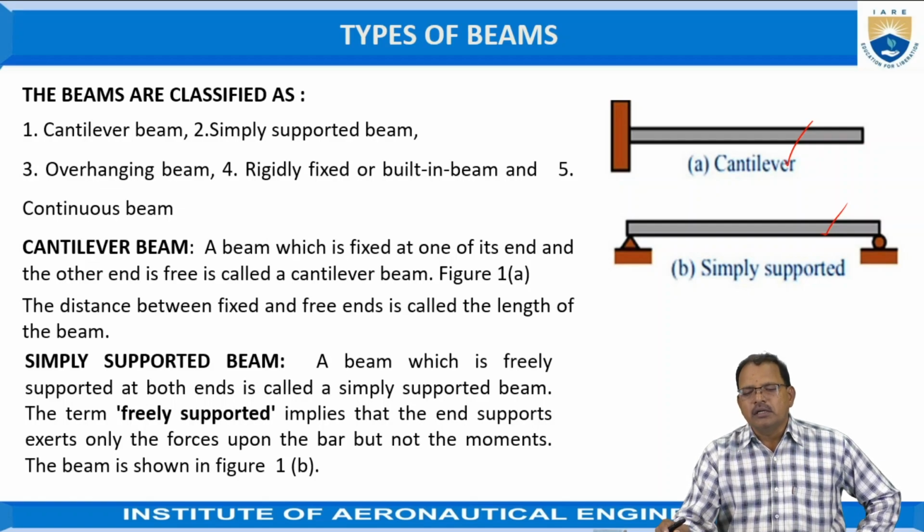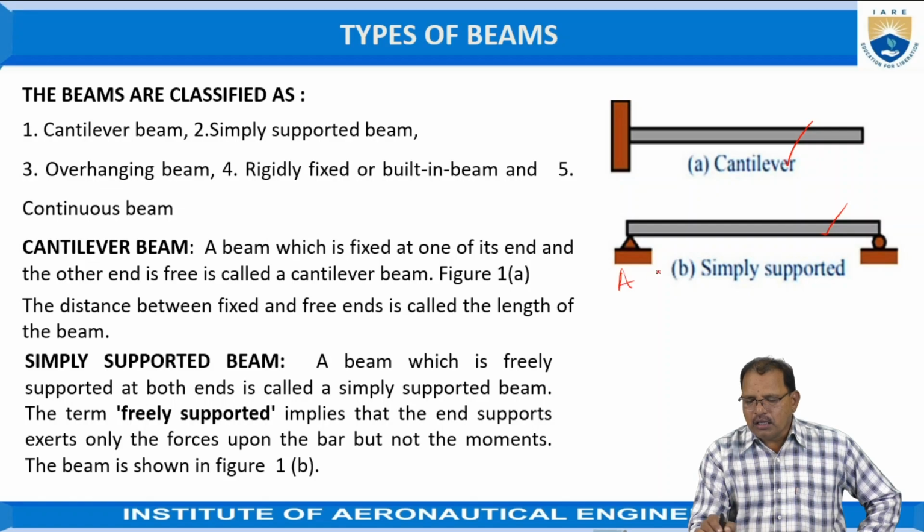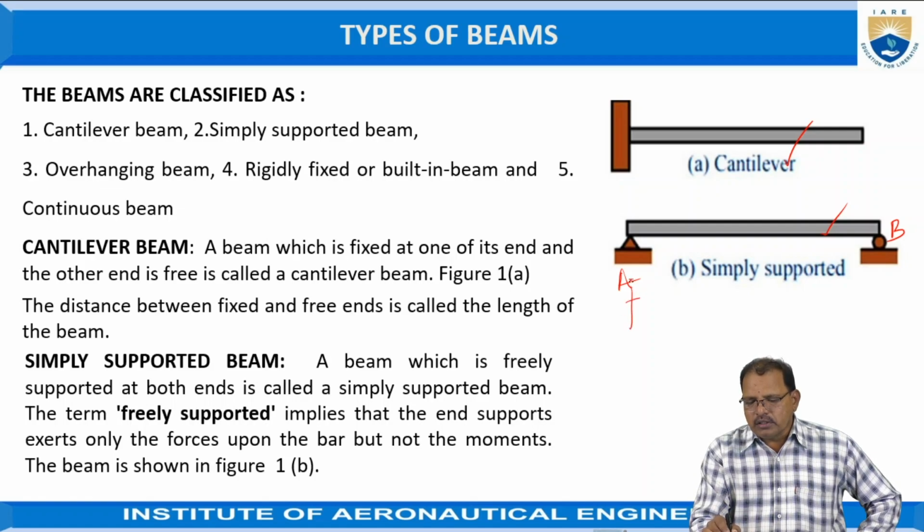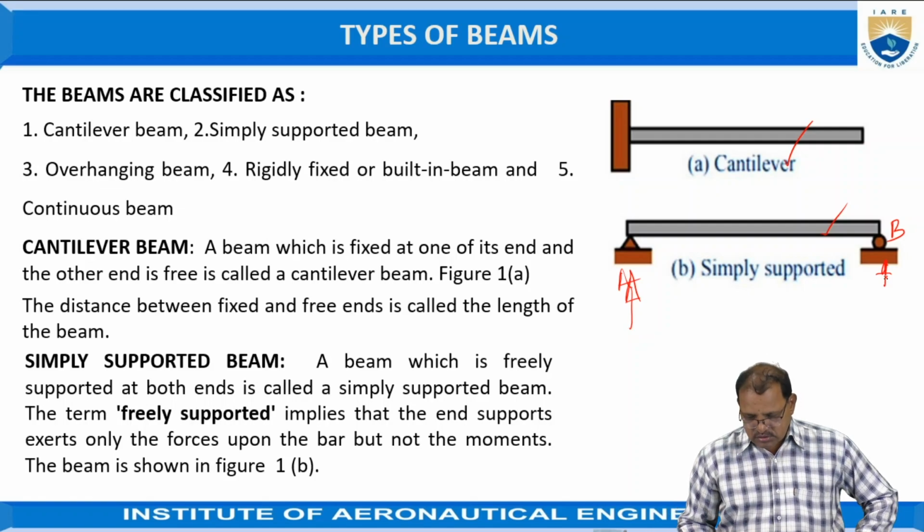That is, the moment at A and B equals 0. That's why we call these free supports. Here the reactions, that is the forces, are there, but the moment is 0.